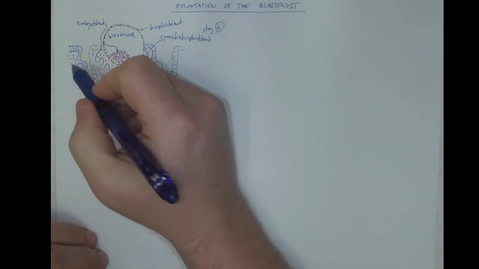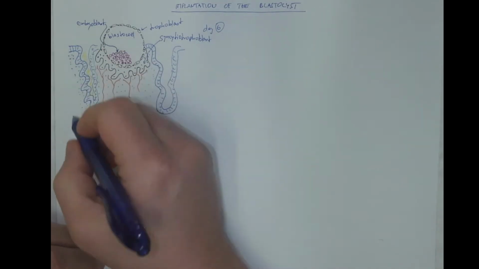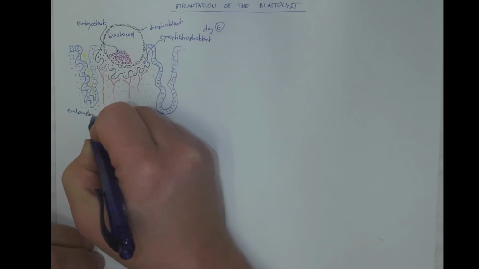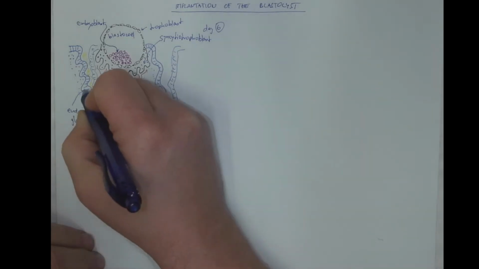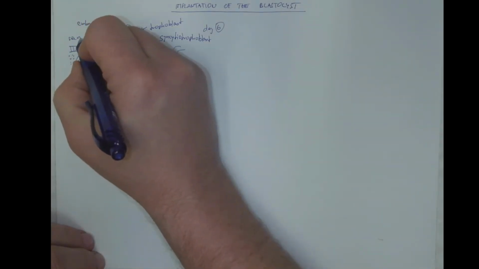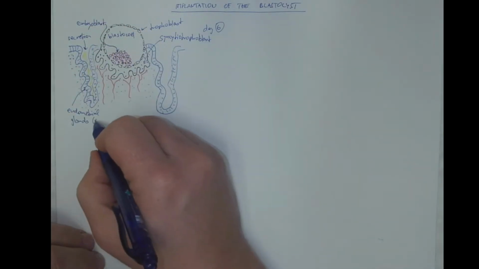We got the glands of the endometrium with some secretion, of course, it's the secretory phase.